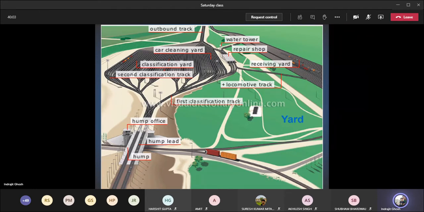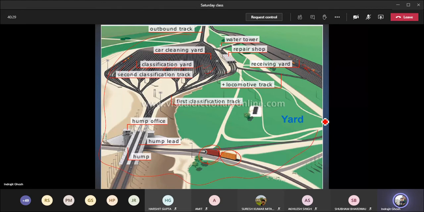Now what is a yard? If you look at this particular photo, you can see that there are many lines here. Here you have some train vehicles, which are nothing but rolling stock. There are some lines here, but this is one particular area designated for something else. What is that?